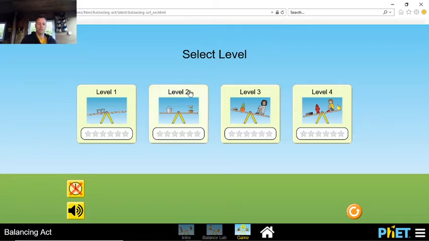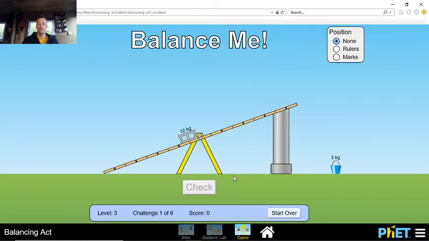I would advise you to start off at level 2 and then go into level 3 and possibly level 4. What these do is you have to balance. For example, here are the anti-clockwise moments, and you need clockwise moments to make this balance, and here's the pivot point.